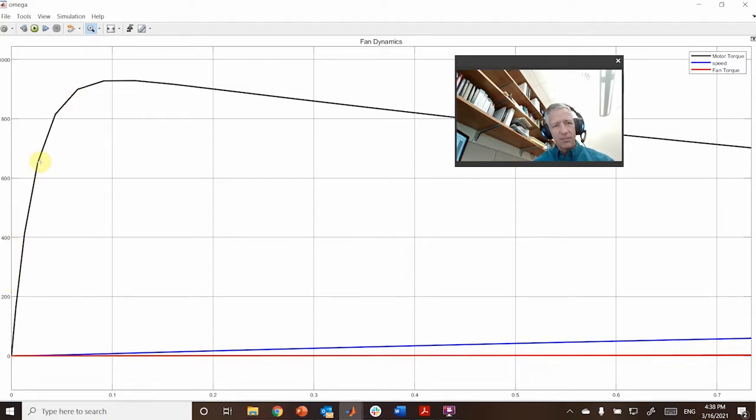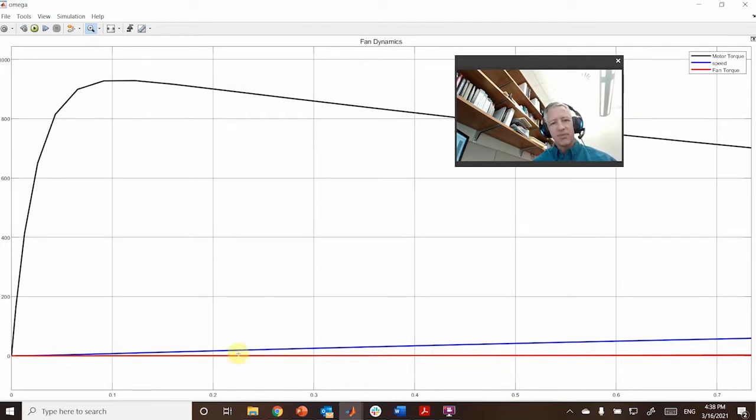But once I'm up in these ranges up here, you see that the torque of my motor is larger than the torque of my load. Therefore, I'm going to start accelerating, so now my motor is going to start rotating. As my fan starts rotating, it's still fairly small because we're going to zoom in, but my fan torque is going to start increasing as my motor starts rotating.